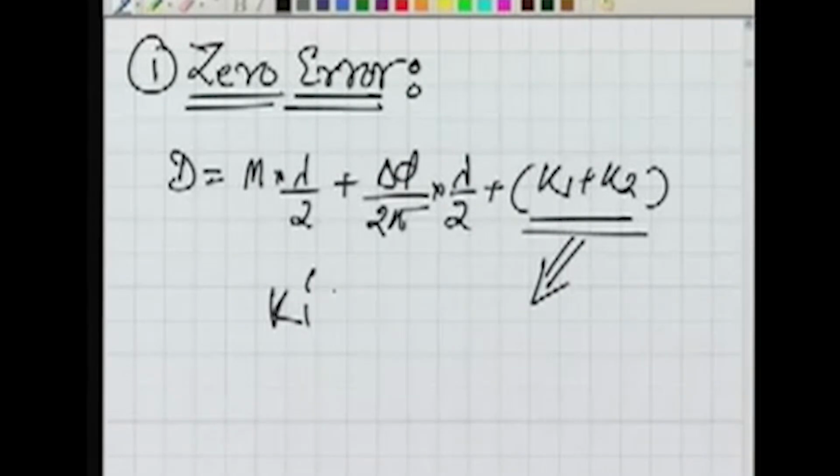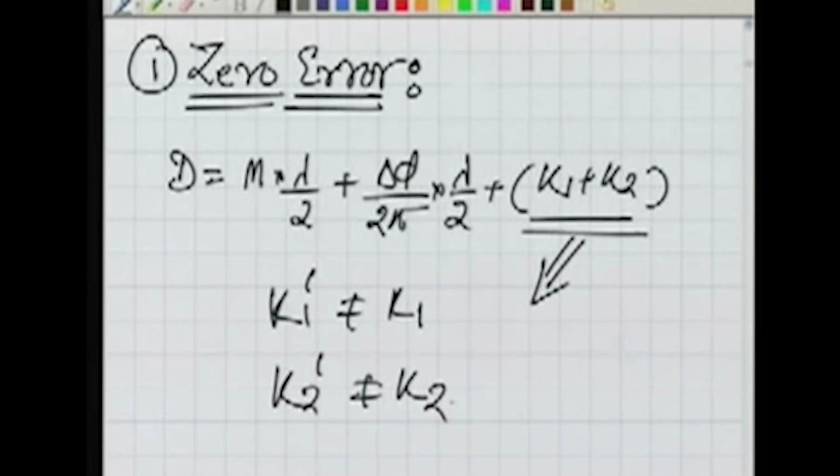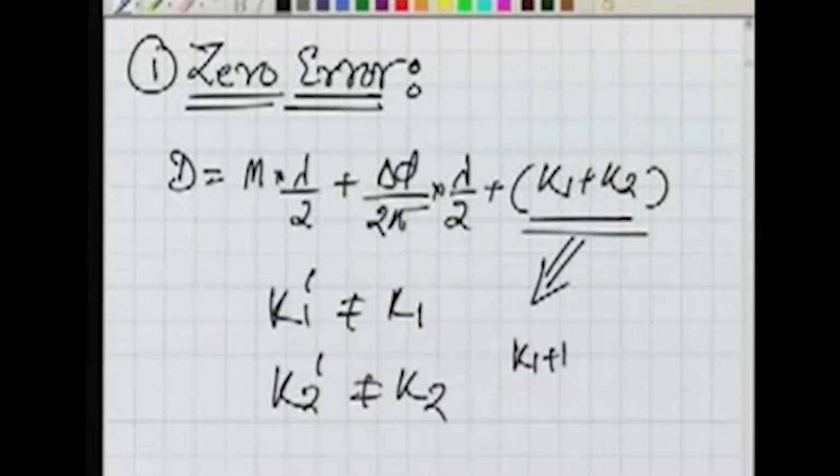Now with constant use of the instrument, it might happen that those settings of the instrument change. So the actual k1 and k2 are not the same as the k1 and k2 which are there in the instrument, because with time, with wear and tear, they might have changed. Because of this, what happens? There is a constant error in the instrument which we can say as k1 plus k2 minus k1 plus k2.